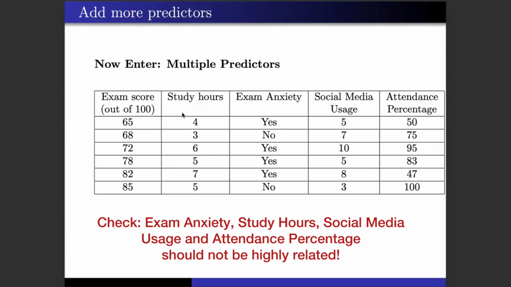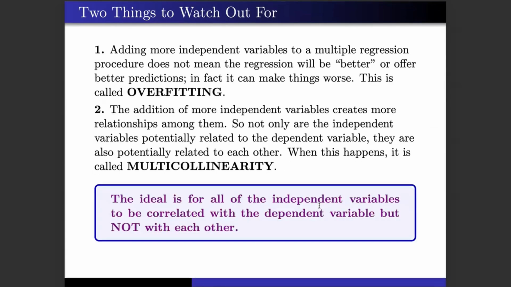That is, the independent variables present in the data set should not be related to each other. So the ideal case would be that the dependent variable is strongly related to each independent variable, but the independent variables themselves are not strongly related to each other. And how to deal with these two things, we will talk about in the coming video.